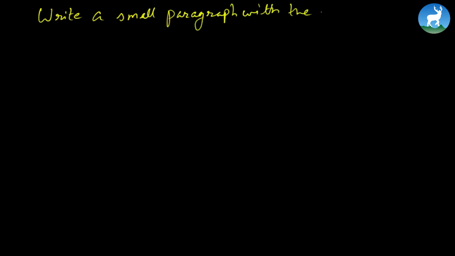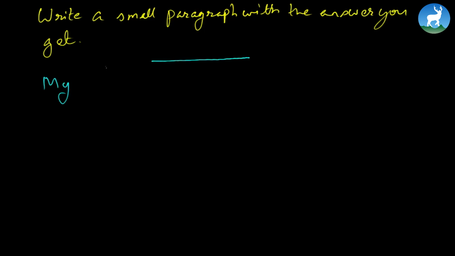After the whole thing is done, write a small paragraph with the answers you get. So how do you begin the paragraph? For example, be creative. You're free to be creative. Provide a title to your work.